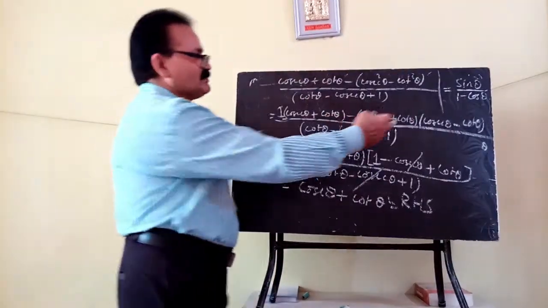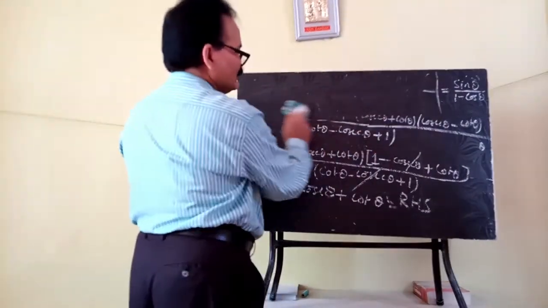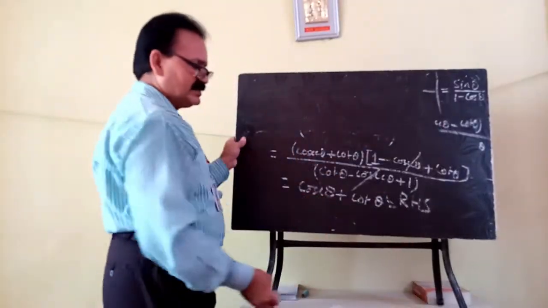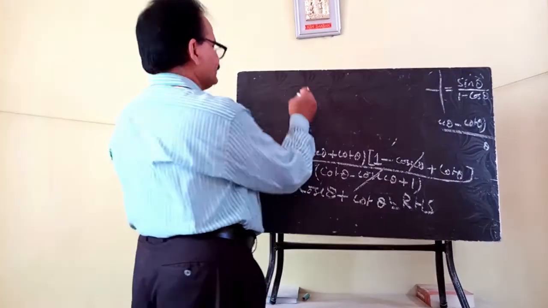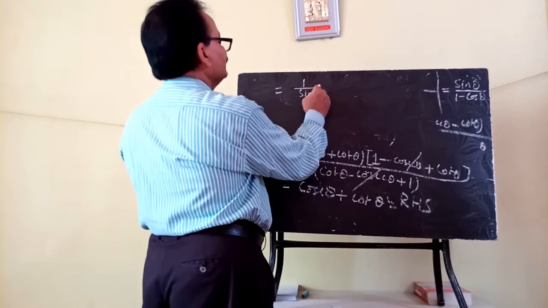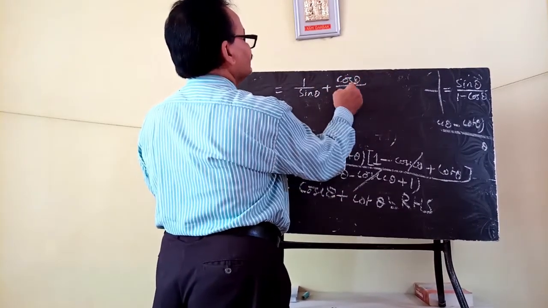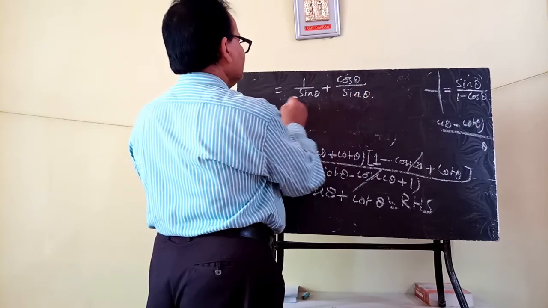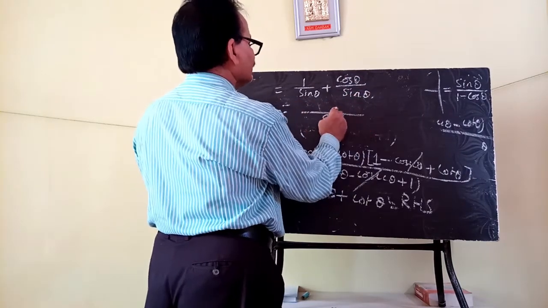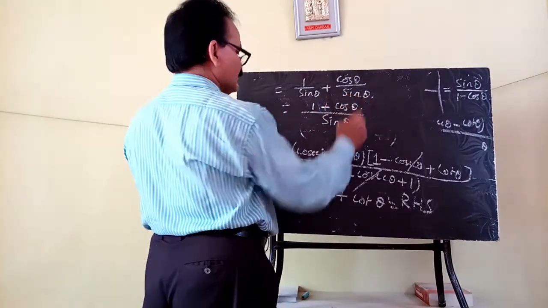For the next part you have to again simplify this in terms of sin and cos. So cosec theta can be written as 1 by sin theta, plus cot theta can be written as cos theta by sin theta. In this case you can take LCM as sin theta, so 1 plus cos theta in the numerator.